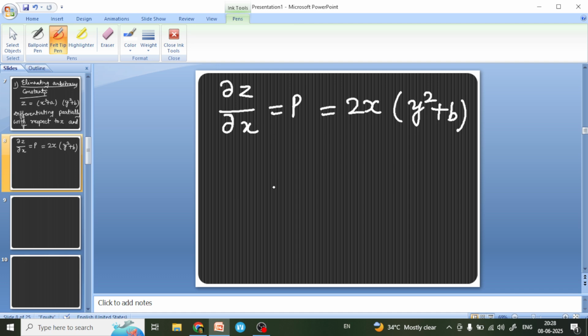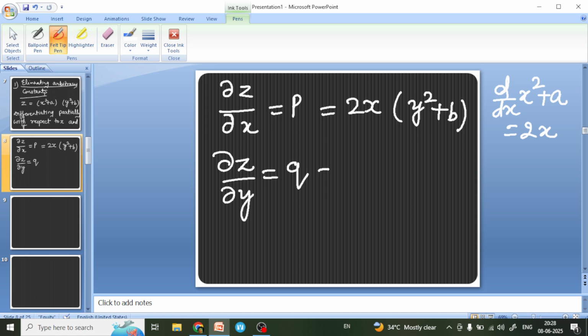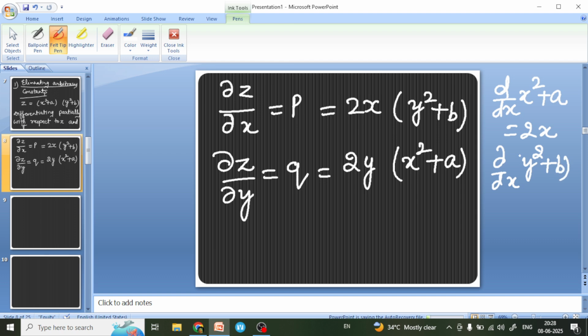It means here we take derivative of x square plus a, and that is equal to 2x, and y square plus b will be written as it. And second, derivative of z over derivative of y is equal to q, which is 2y (x square plus a). That means we have to take derivative of y square plus b only, which is equal to 2y.